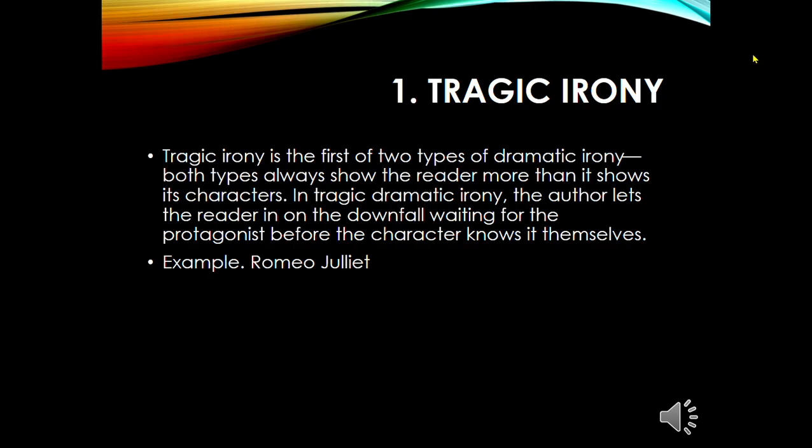For example, the Romeo and Juliet story, where Romeo drinks the poison when Juliet has drunk the sleeping potion and is only faking. Romeo thinks that Juliet has killed herself, and later on Romeo killing himself leads to the killing of Juliet at the end of the story. So it is a kind of tragic irony.